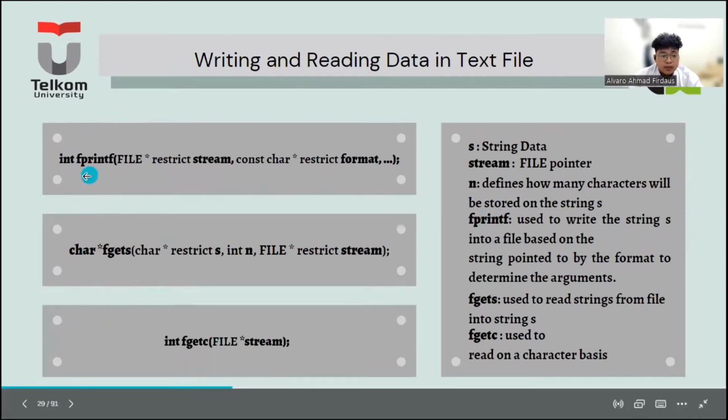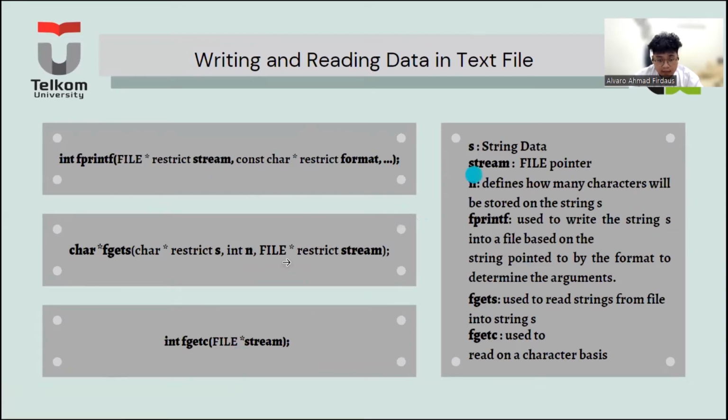If you want to write something or read something in the text file, as you can see right here, s is for string data, and then stream is the file pointer, and n defines how many characters will be stored in the string s, and then fprintf is used to write the string s into a file based on the stream pointer by the format to determine the argument.